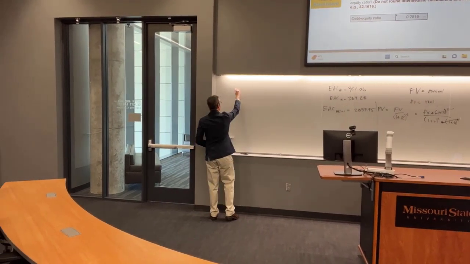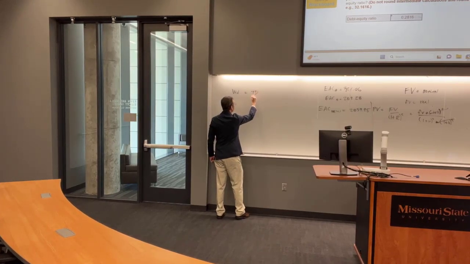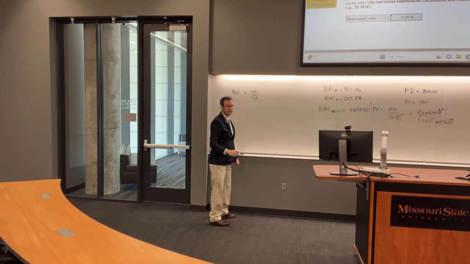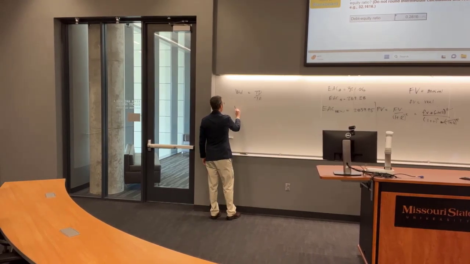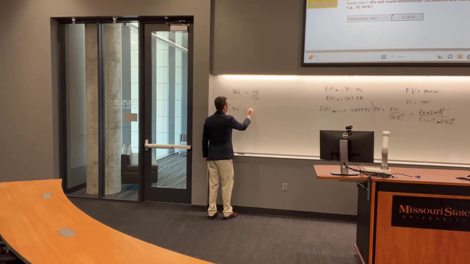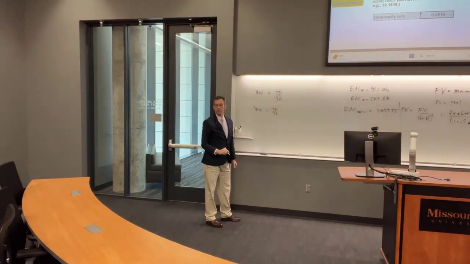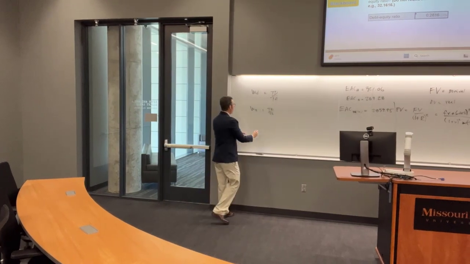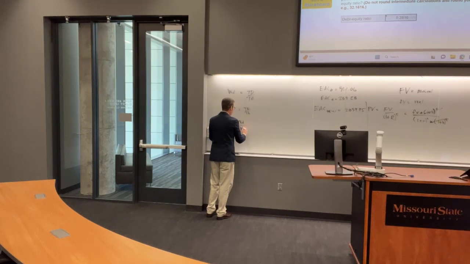The weight on the debt for that formula is equal to TD over TA, total debt over total assets. Can we agree on that? The weight on the equity is equal to total equity over total assets. Can we agree on that one? What happens when I take the weight on debt divided by the weight on equity?